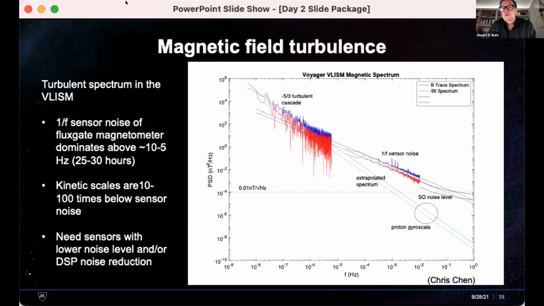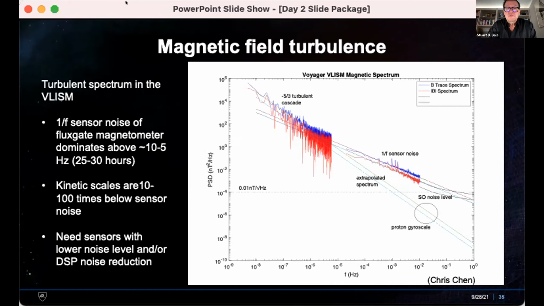In particular, if you look at the far lower right, where it says proton gyro scale, that's the expected scale of the kinetics of, for example, a strong shock. And that is currently unapproachable with an instrument like Voyager, at least reliably and regularly.